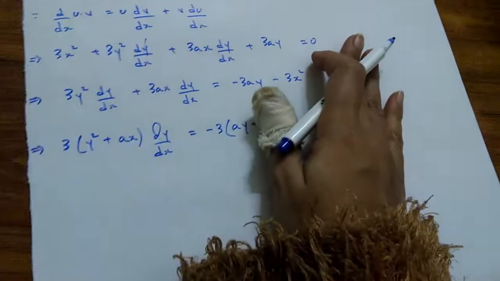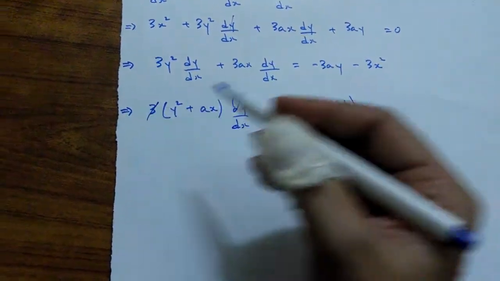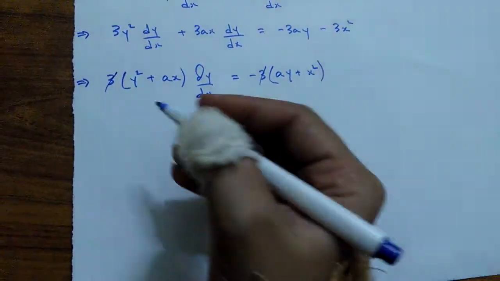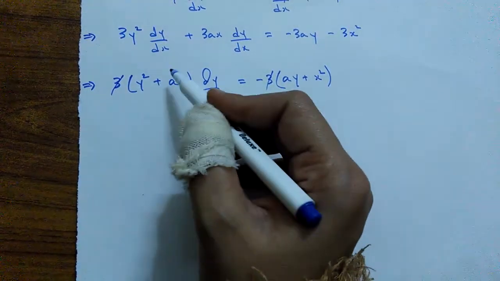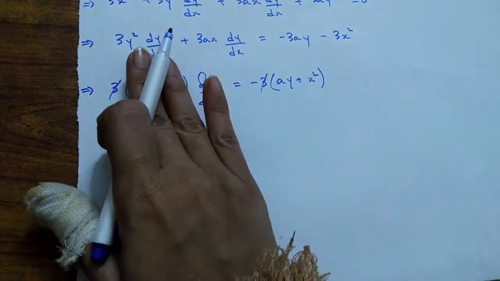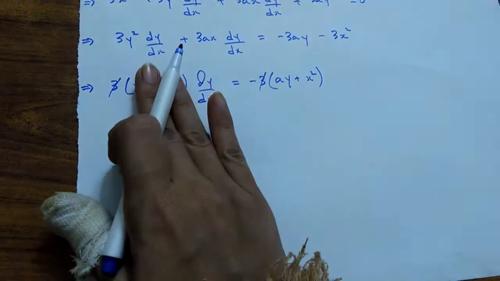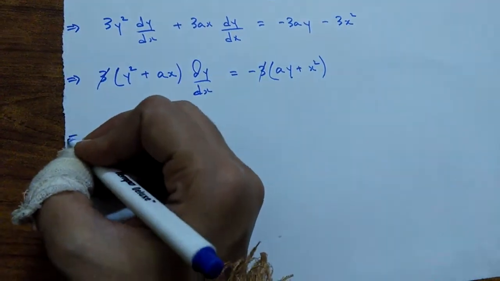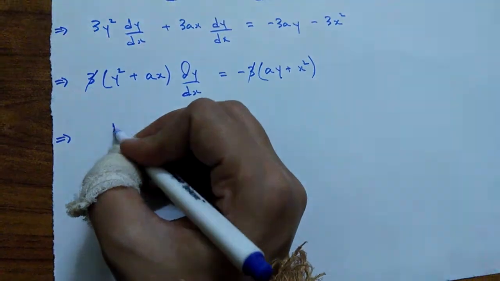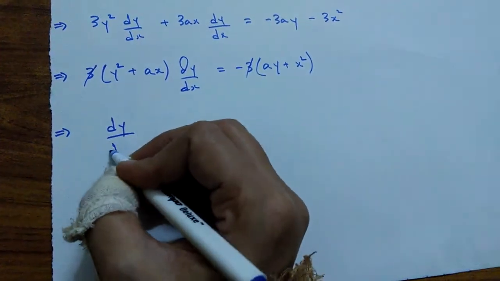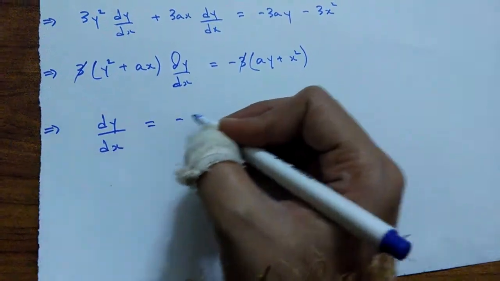That's what is left here. Now I can cancel this 3 and 3, and this is a multiplicative term which is getting multiplied with this, so when it moves to the other side it goes in the denominator. You are quite acquainted with this basic algebraic rule.